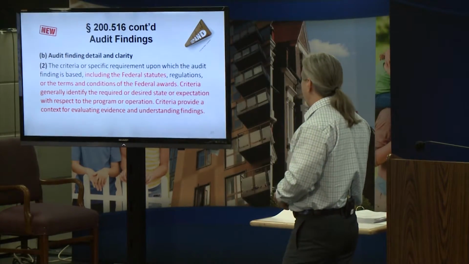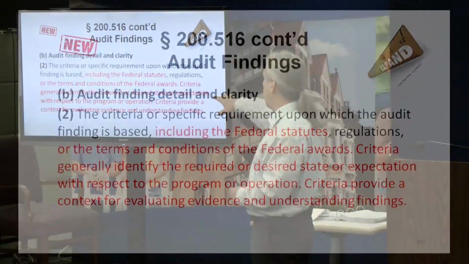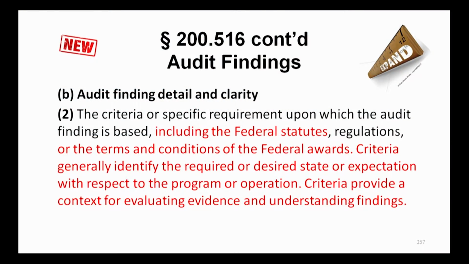All right, so continuing on that same point, paragraph 2, this is the new language that got added in there. The criteria or specific requirement on which the audit finding is based, including the federal statutes, regulations, or the terms and conditions of the federal award.